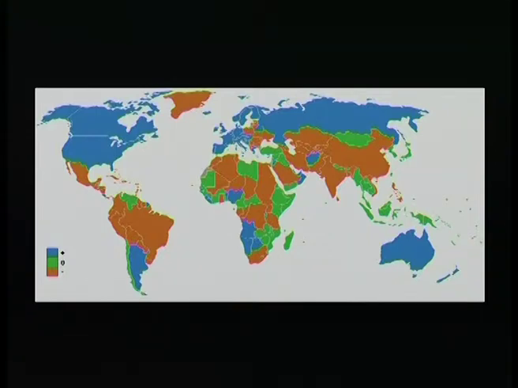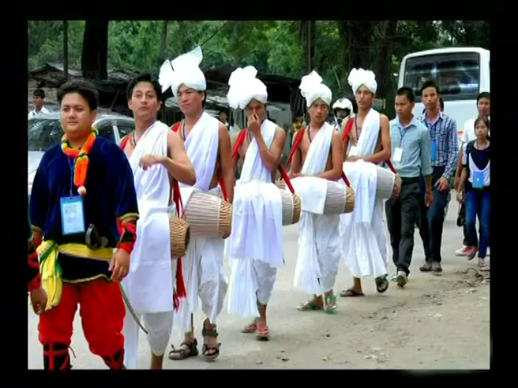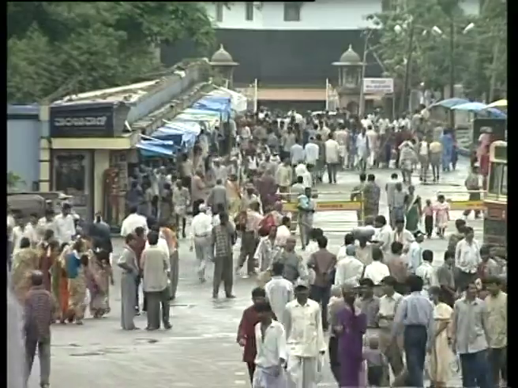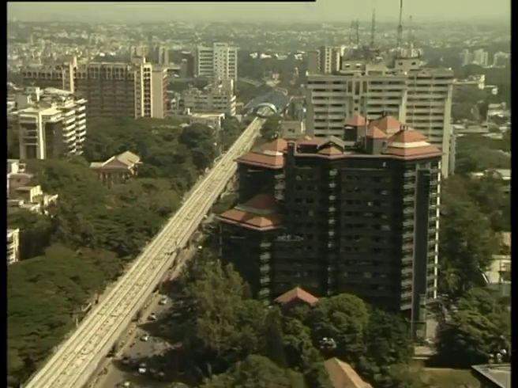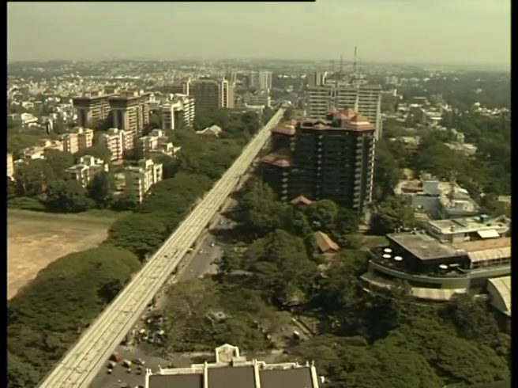For example, where is what? In contemporary collegiate or university geography, we are integrated. We bridge disciplines. We have already seen under the branches of human geography that social, cultural, political, population, and other geographies borrow or take ideas from subjects external to geography.